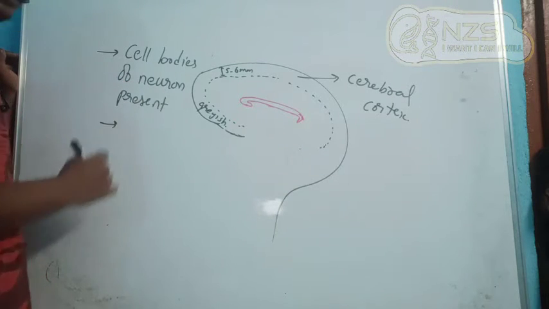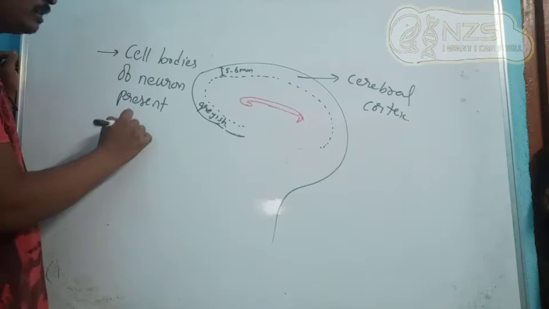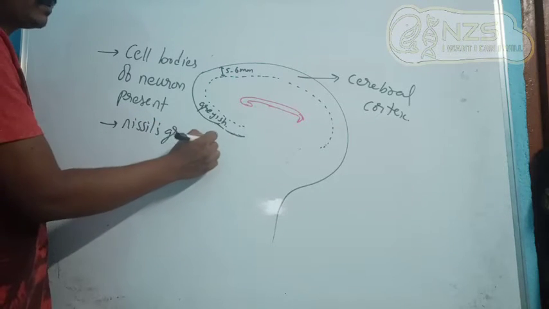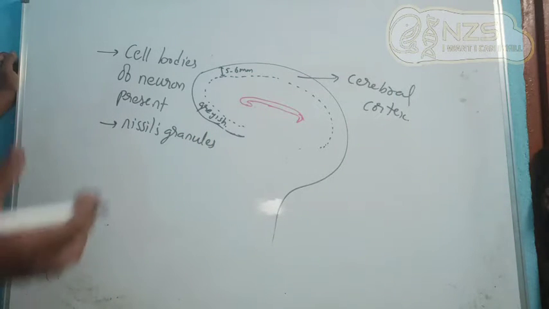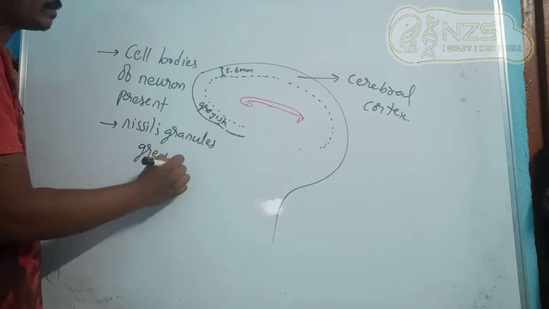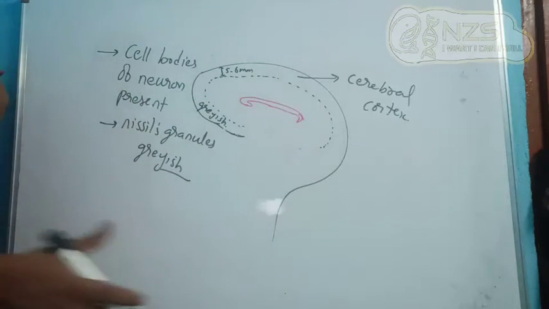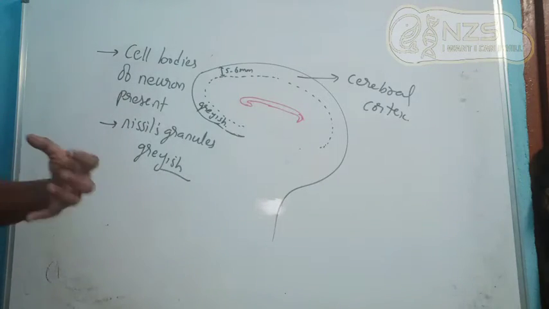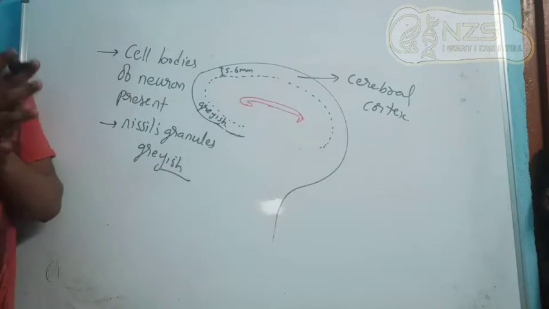You all know cell bodies contain Nissl granules which increase the density of the cytoplasm, which increases the color density, and they appear grayish in color. So the cerebral cortex will have all the cytons which are releasing or taking signals from the other parts of the brain.